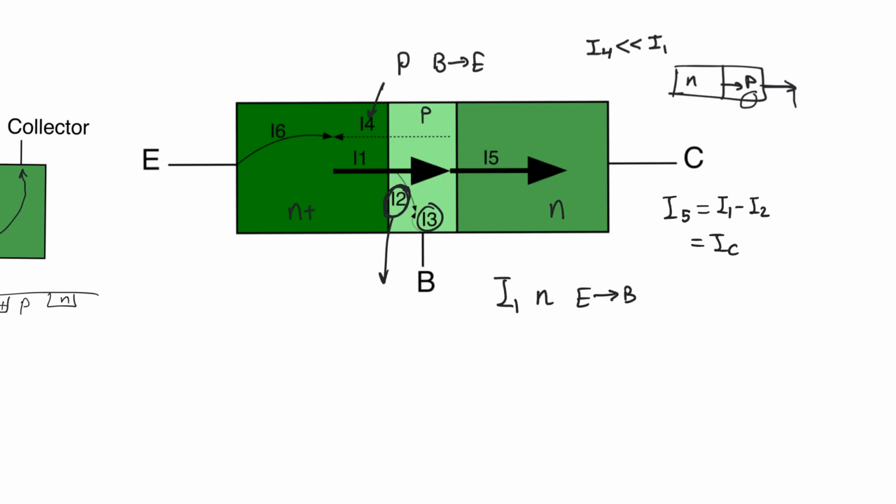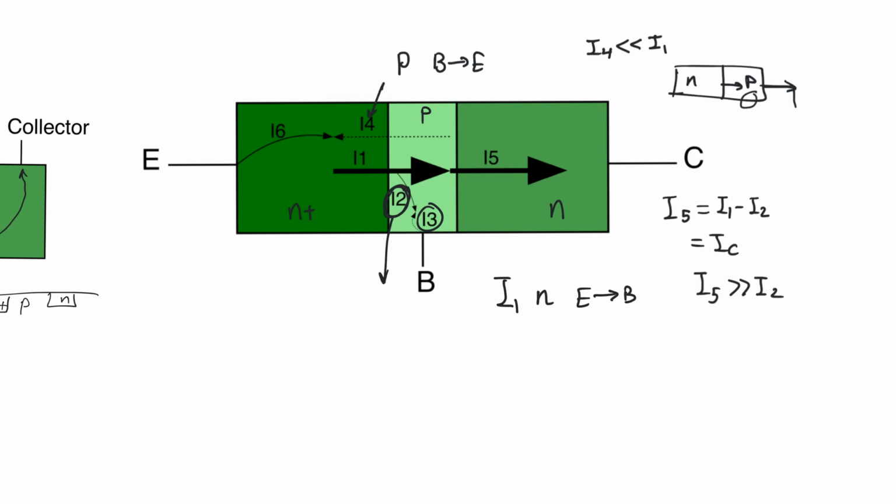So it is the electrons that manage to be swept into the collector, which is the proportion of I1, the electrons that were injected from the emitter into the base, that does not recombine, because anything that recombines forms a base current. We want I5 to be much larger than I2, which means that collector current is much bigger than base current.